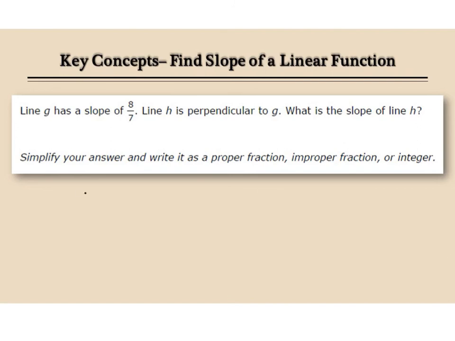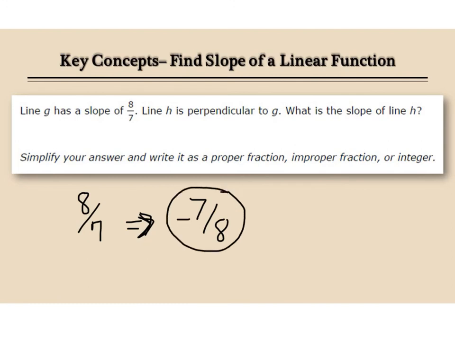So if I have a slope of 8/7, for perpendicular lines I would invert the numbers, it would become 7/8, and it would have opposite signs. So a line perpendicular to that one would have a slope of negative 7/8.